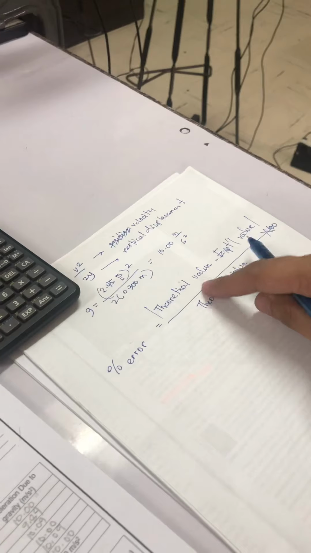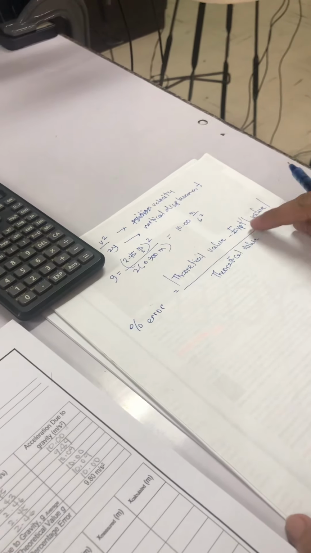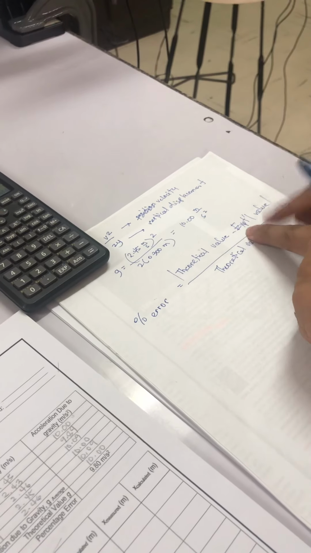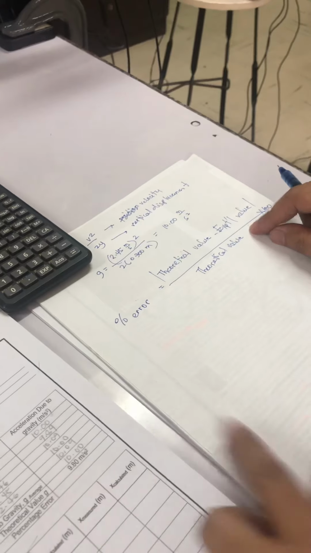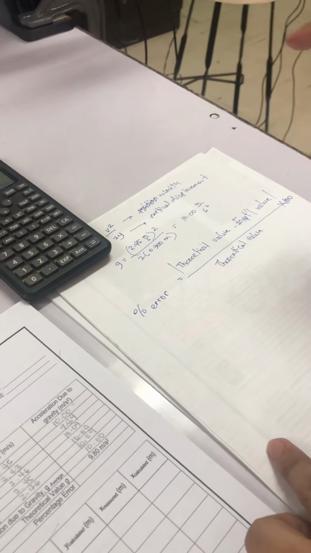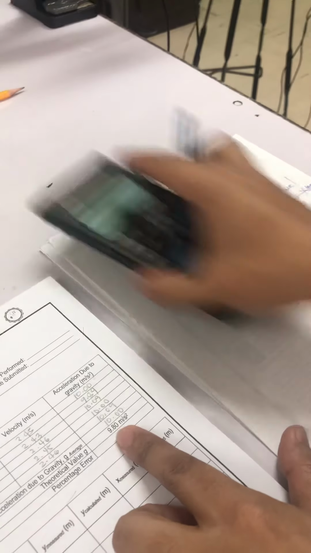This is our formula every time we compute the percent error. The theoretical value can be the accepted value or the given value, and the experimental value is the value that we compute using the experimental data. It should always be divided by the theoretical value or the accepted value.